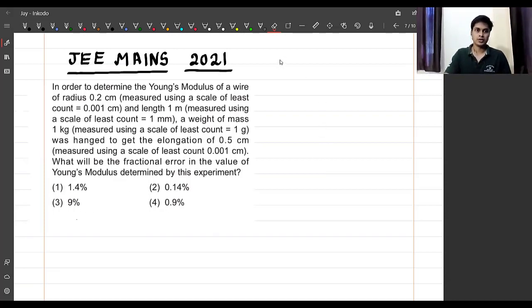So what is given? The mass is given, so force on this string will be mg. If you're hanging mass mg with the help of a thread, then the force or tension in the wire will be mg.